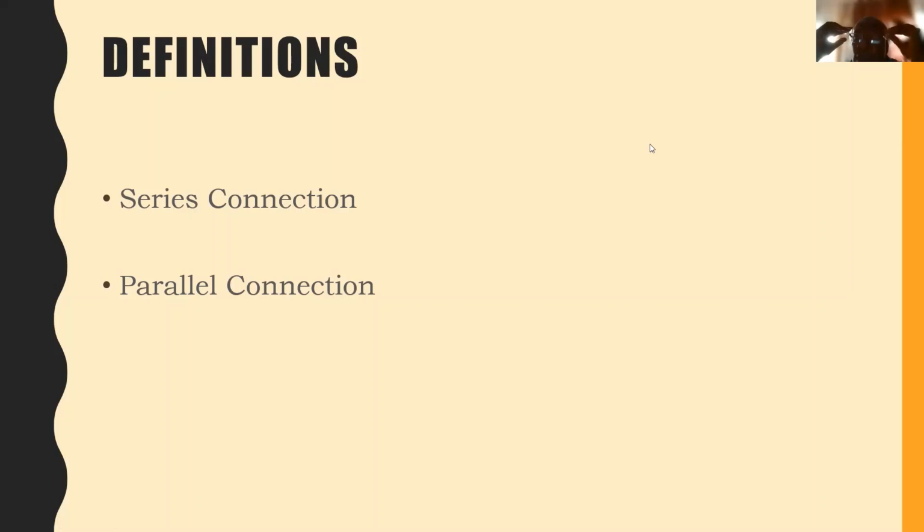No, that is different from what was said earlier. So the current leaving one is the same current entering the other. That's quite different from what was said.